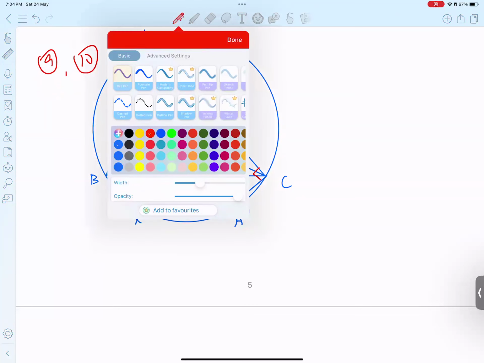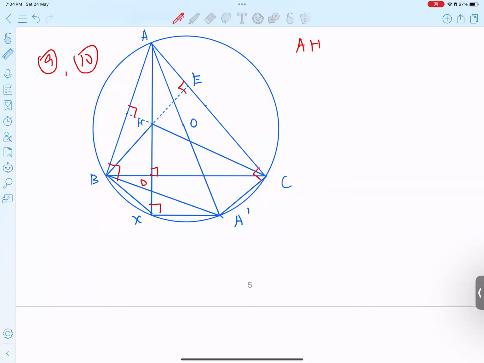So you're asked to prove on a random exam, perhaps the most important exam of your life, that AH is equal to 2R cosine BAC. So again, let's try to play around with the things we're dealing with and see where that leads us.